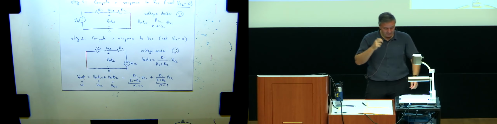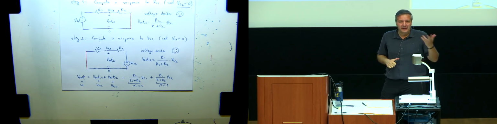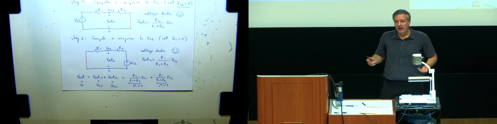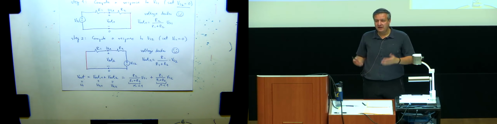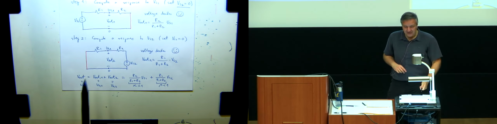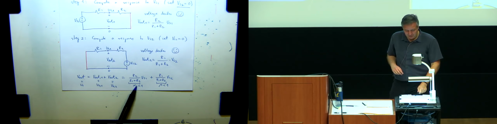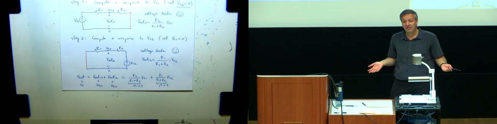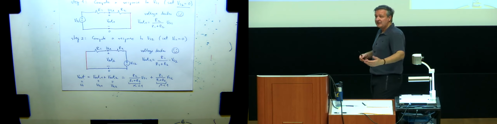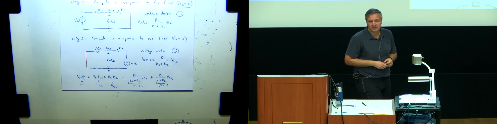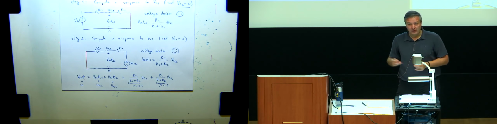So if I told you, build me a summing circuit, you go like, boom, this is a summing circuit, and if I didn't specify anything else, that would be sufficient. This is a very special summing circuit because, as you see, the coefficients with which I'm summing are less than 1. So if I told you, build me a summing circuit where coefficients are greater than 1, then this is not that circuit.